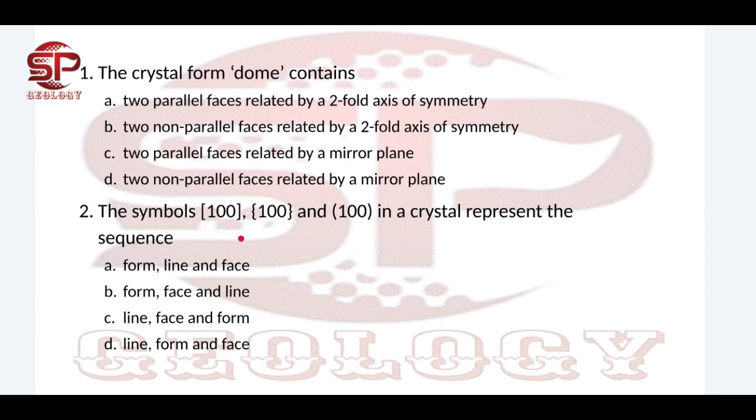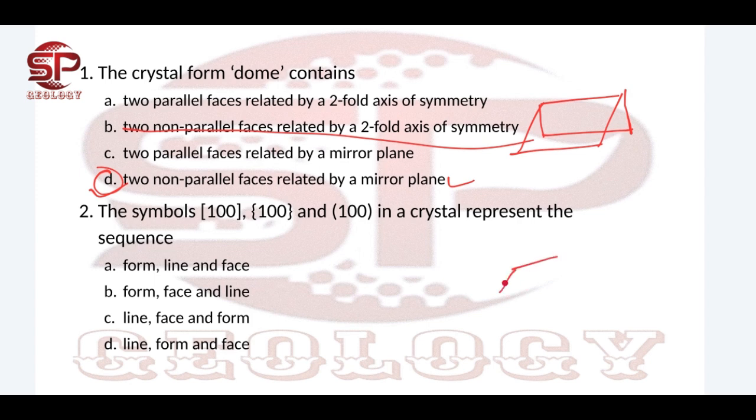Crystal form dome contains. A dome is a form which has two non-parallel faces and they are characterized by a mirror plane. Two non-parallel faces related by a mirror plane. If they have two non-parallel faces related by a two-fold axis, then it will be a sphenoid. So the answer will be D, and this thing will be sphenoid.